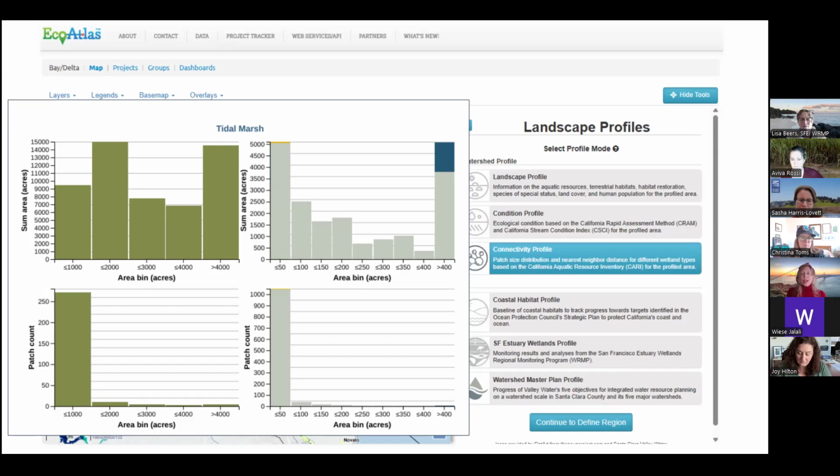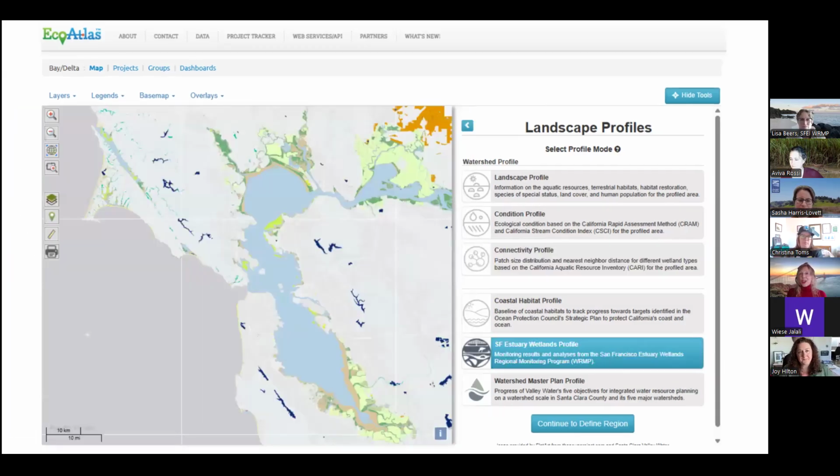And so regulators and funders or restoration managers can use these 3 different landscape profile summaries to help determine how to improve connectivity and fund projects that increase patch sizes, and then also to track regional progress towards meeting restoration goals. In addition, on the next slide, there are customized profiles that are tailored to programmatic reporting needs.